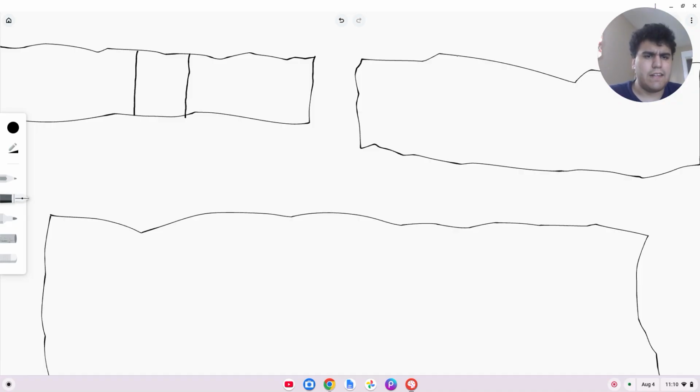Now let's draw the door, but also with the doorknob. Let's get it here. Now let's draw the doorknob. Okay, there's the door. Now let's draw the door along with the doorknob and some people inside it.